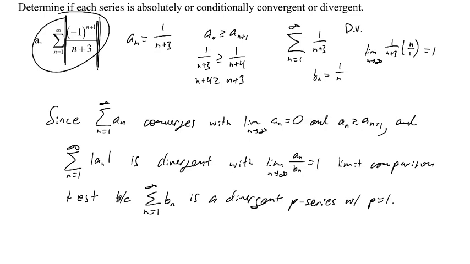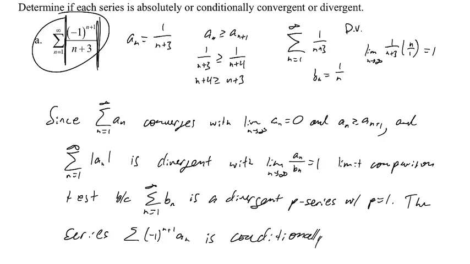Okay, so that means the series of -1 to the n plus 1 a sub n is conditionally convergent.